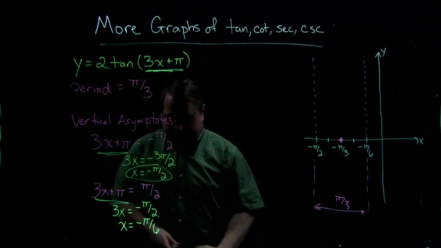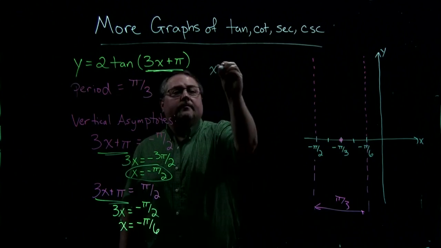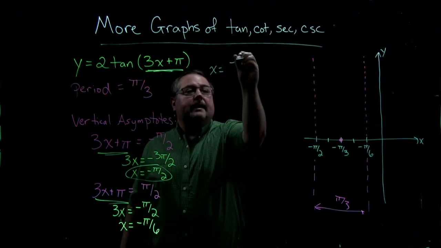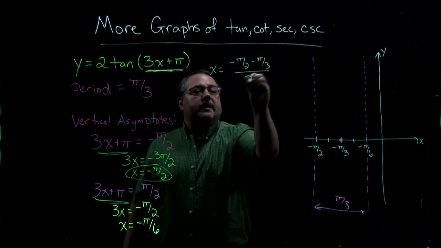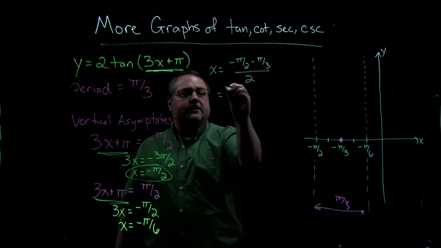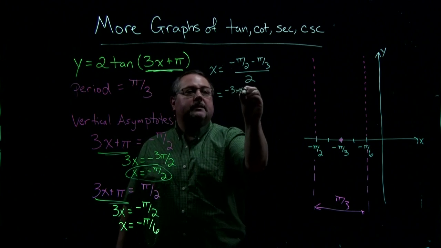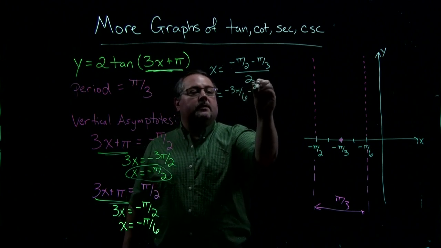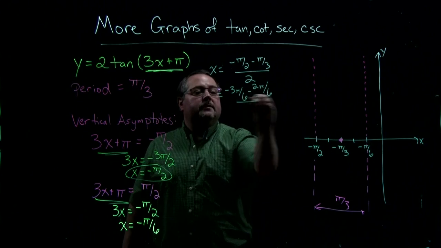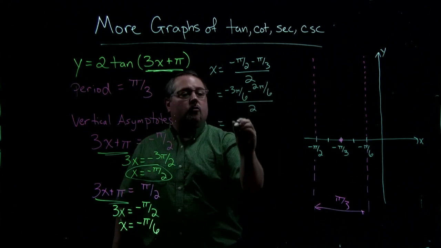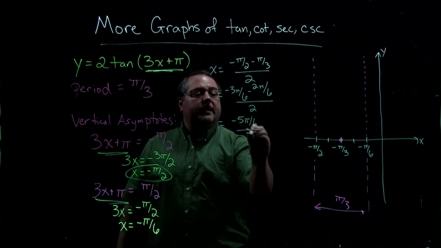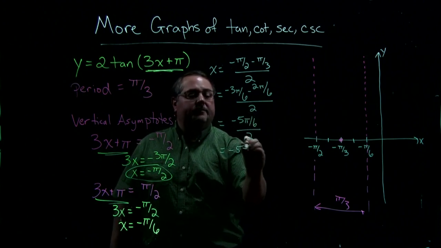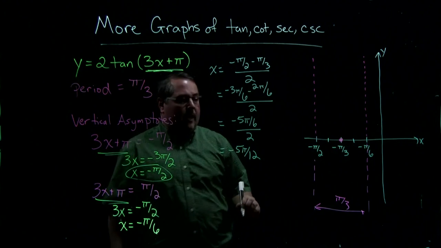Okay, so now we want x to be negative pi over 2 minus pi over 3 divided by 2. Okay, so that's going to be negative 3 pi over 6 minus 2 pi over 6 divided by 2, or negative 5 pi over 6 divided by 2, which is negative 5 pi over 12.